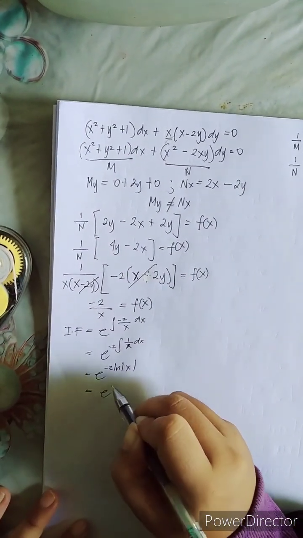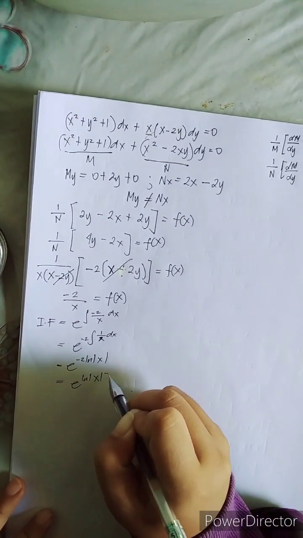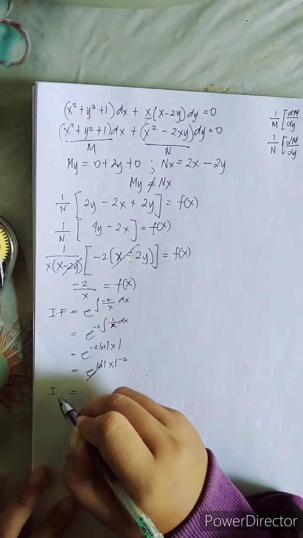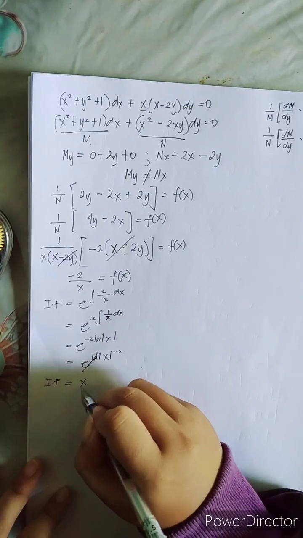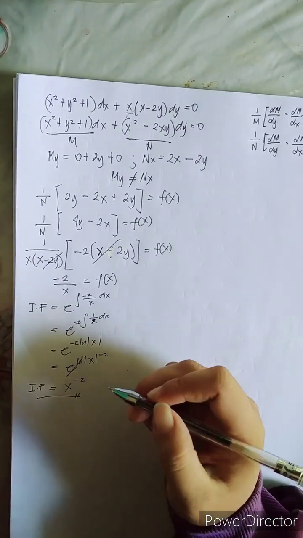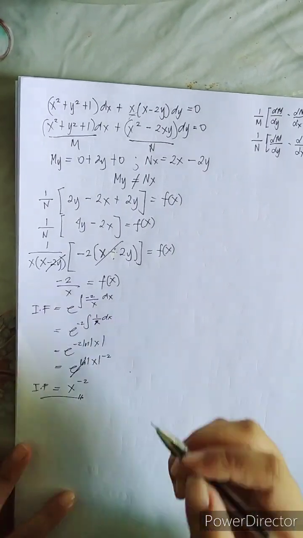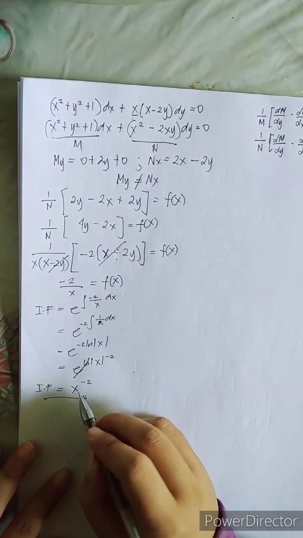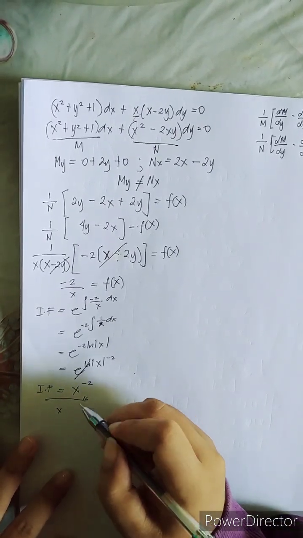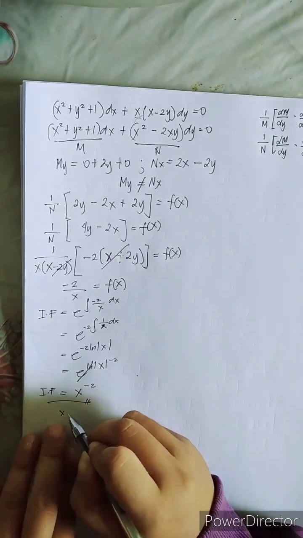Then this will be e raised to ln x to the negative 2. Then this will be cancelled. Our integrating factor is x to the negative 2. After getting your integrating factor, distribute the integrating factor to your M and N term.